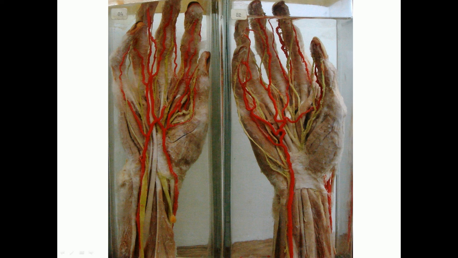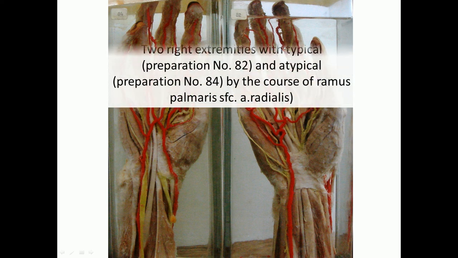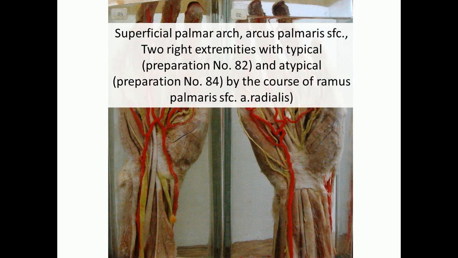You can see these two different specimens, and we can find some peculiarity here. Superficial palmar arch, arcus palmaris superficialis, two right extremities with typical preparation number 82. It's typical. And atypical preparation number 84.